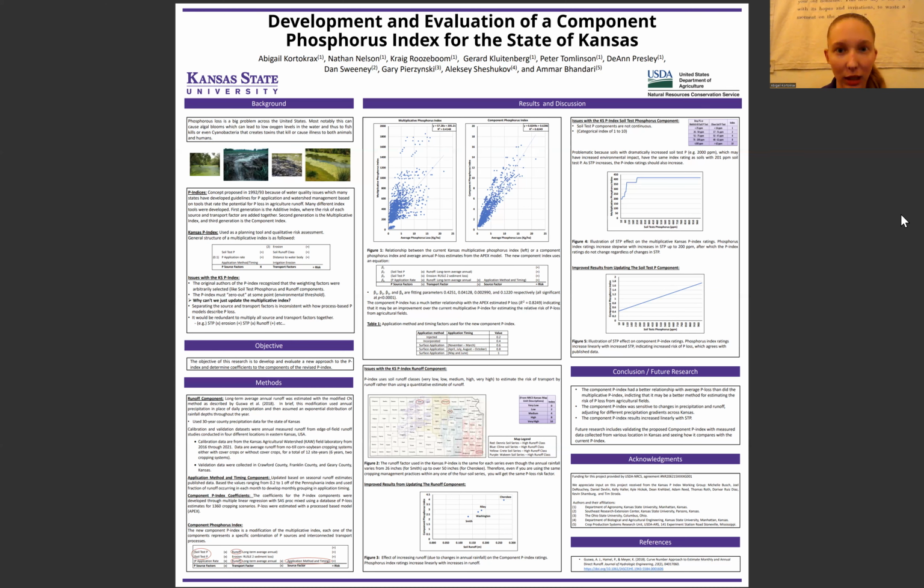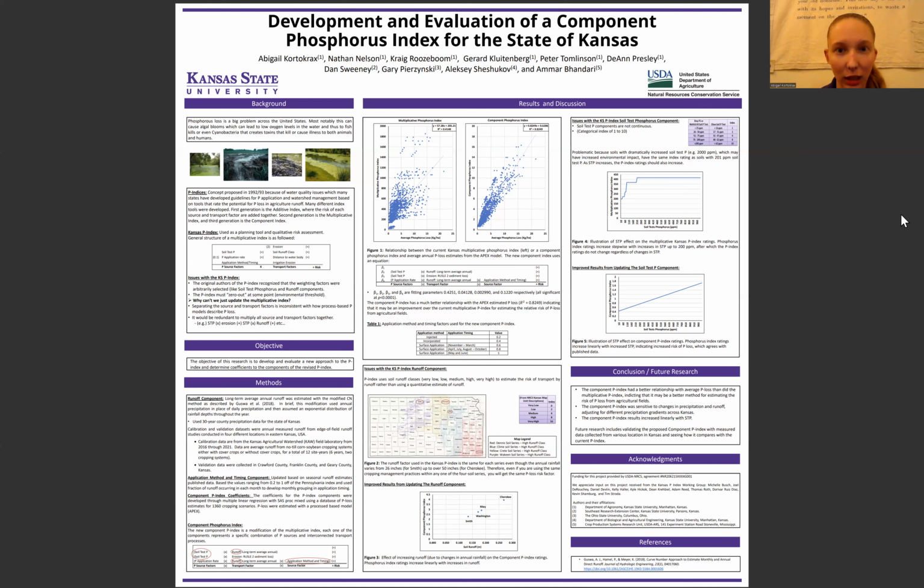You can see it's a step ladder type of figure. With our updated and improved soil test phosphorus, our phosphorus index rating increases linearly with increased soil test phosphorus. So overall, an improvement.